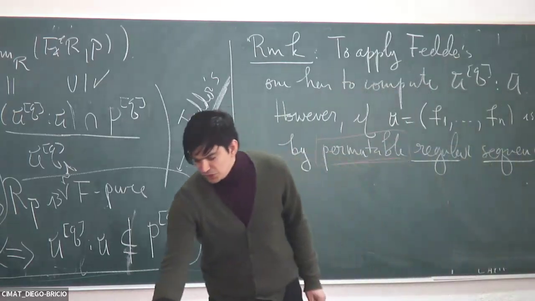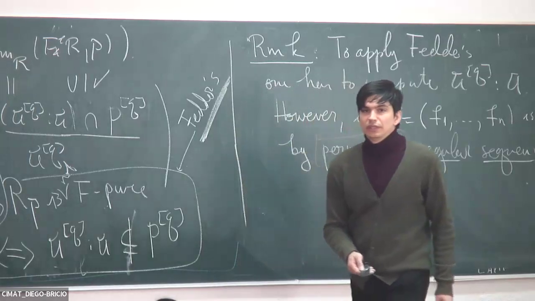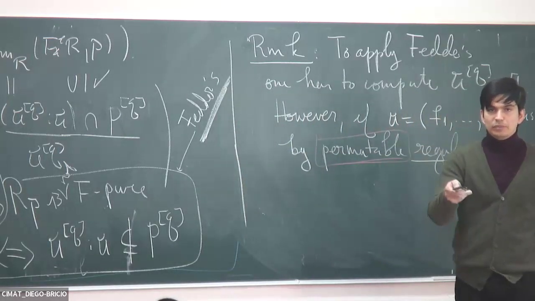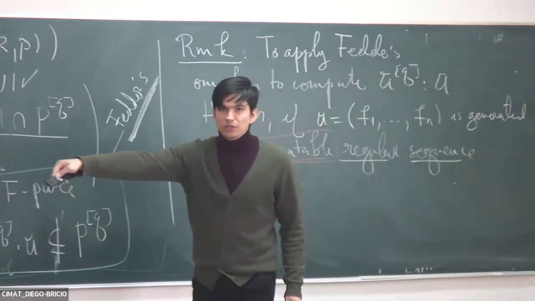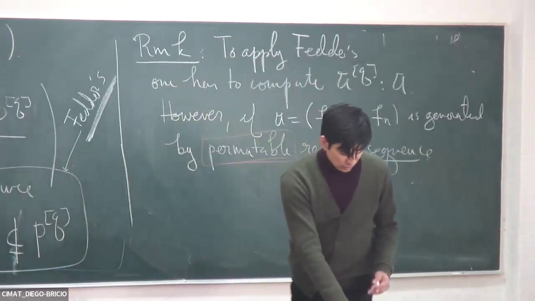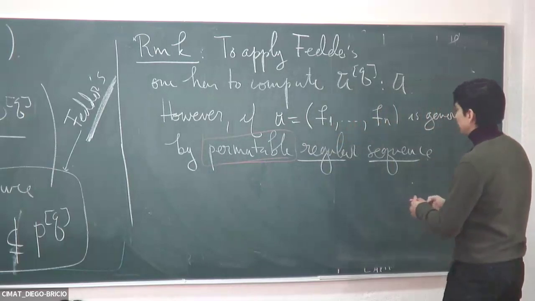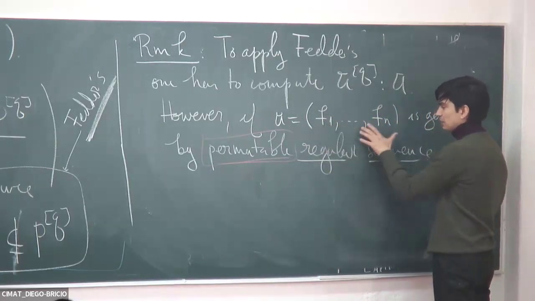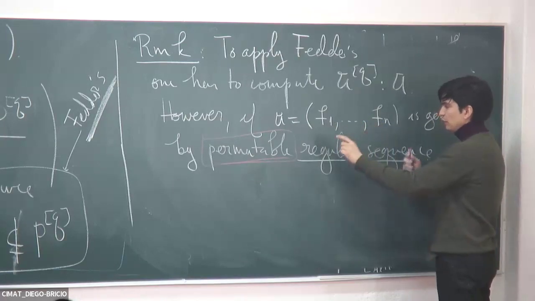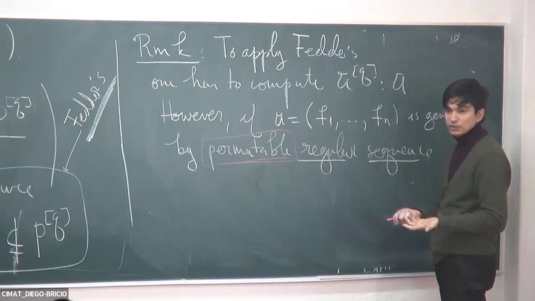So from the definition of regular sequence, in principle, being a regular sequence depends on the order of the elements. So it's actually not true in general that if you take this list of elements and it is a regular sequence in this order, that if you permute it, you get a regular sequence. That can fail.